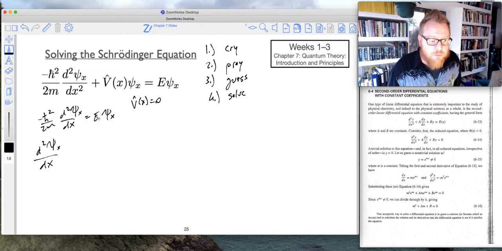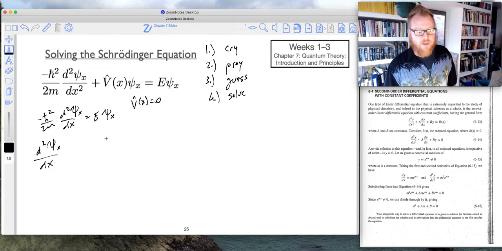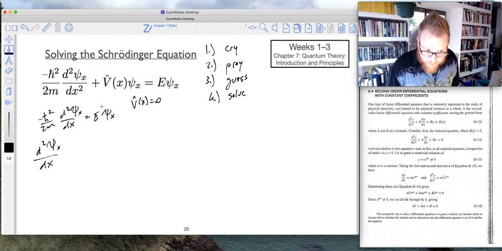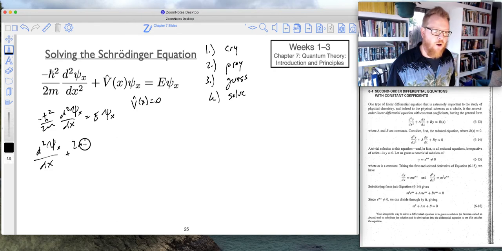First, I have to subtract that over to make it all equal to 0. Okay? Then I'm going to multiply through by negative 2m over h bar squared. And if you have to pause and do that real quick for yourself, by all means. But I'm going to write that directly as the following.